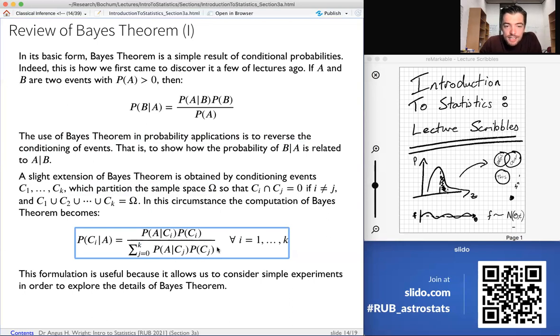This thing here is the probability of observing the data given all of the finite outcomes, C1, C2, C3, all the way through to CK. So it's taking the fact that these are finite things and using that to our advantage to create a finite, simpler expression that we can use to explore Bayes' theorem.